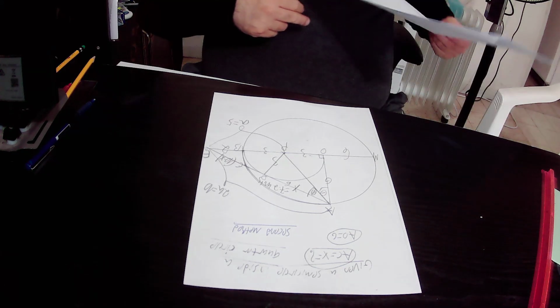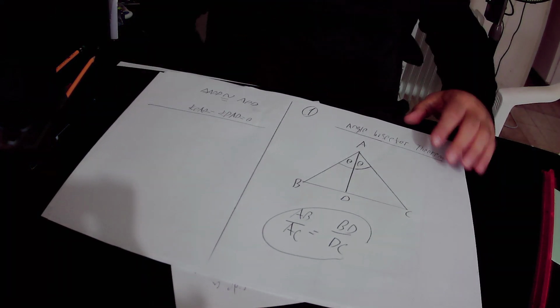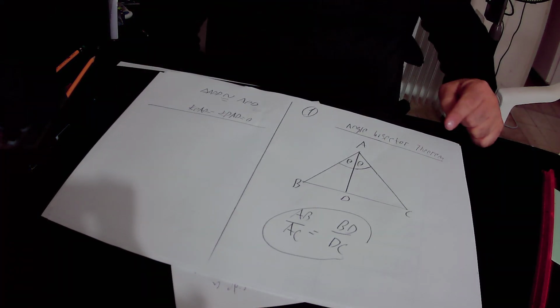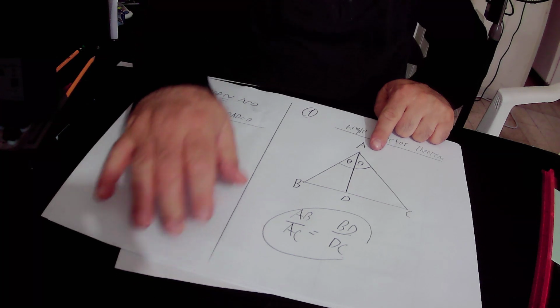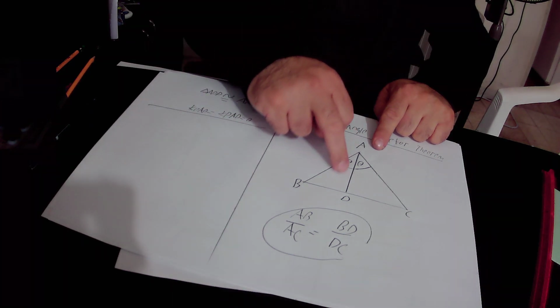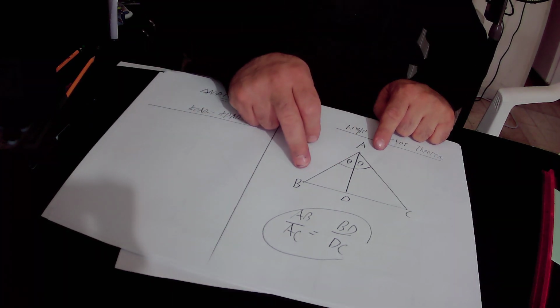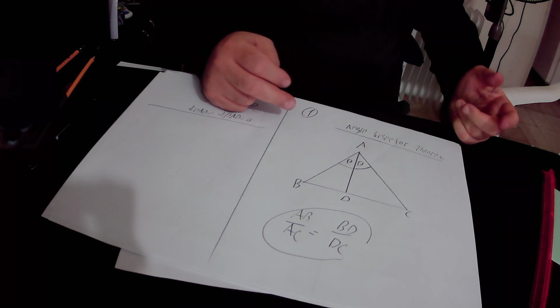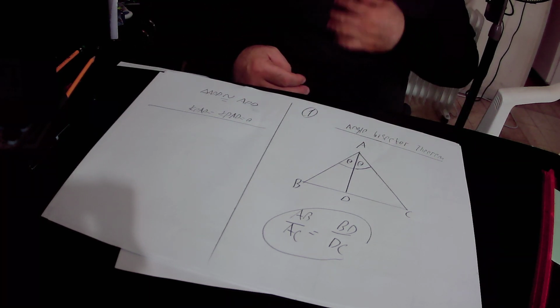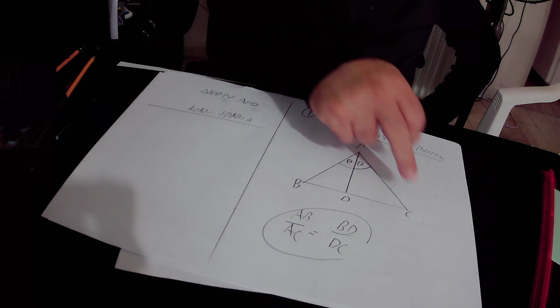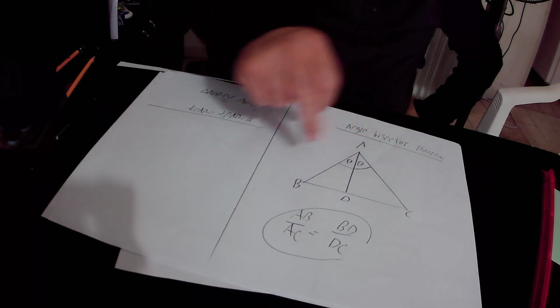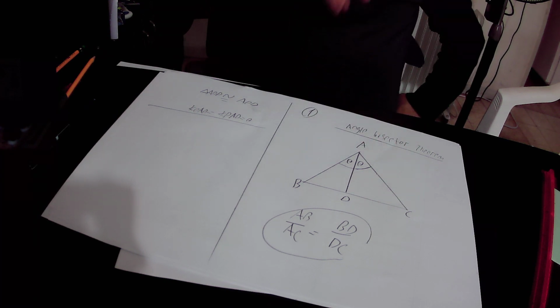We have the angle bisector theorem: if we have a triangle ABC, which could be any triangle, and line segment AD is the angle bisector of angle BAC, then AB over AC equals BD over DC.